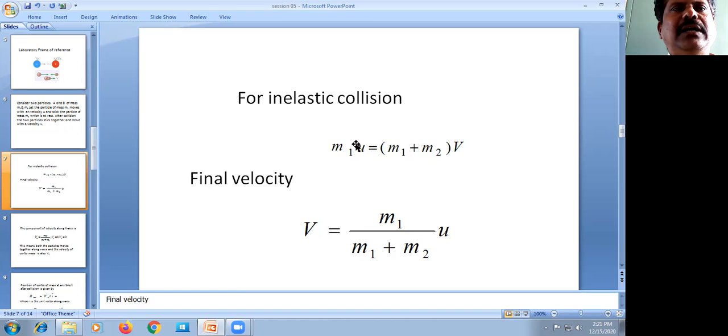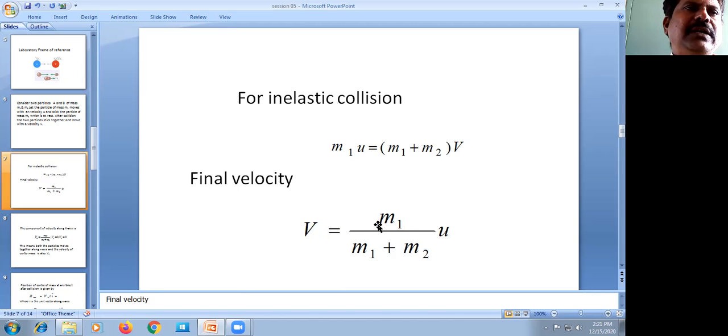Here the second particle is at rest, that's why the linear momentum of the second particle is zero. So we have m1 u only equals (m1 plus m2) into v. After colliding, m1 plus m2 stick together and move with a single velocity. That's the significance of this equation.